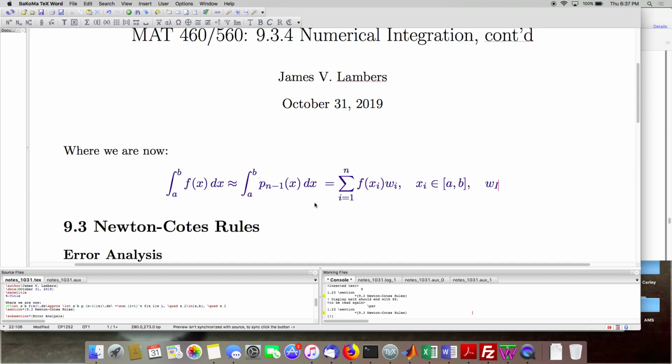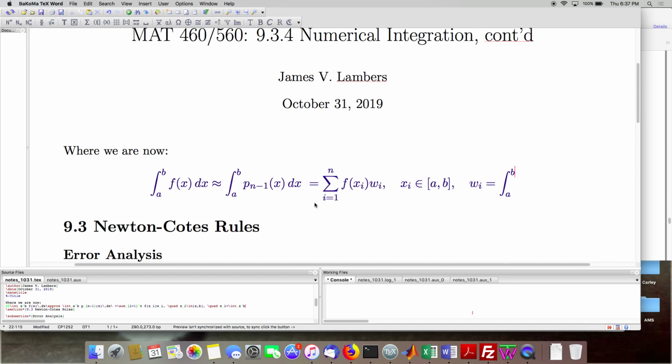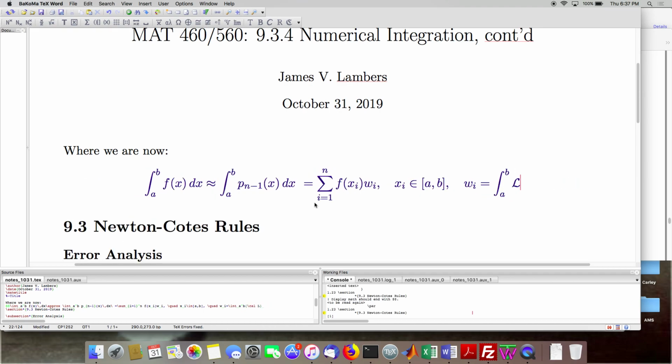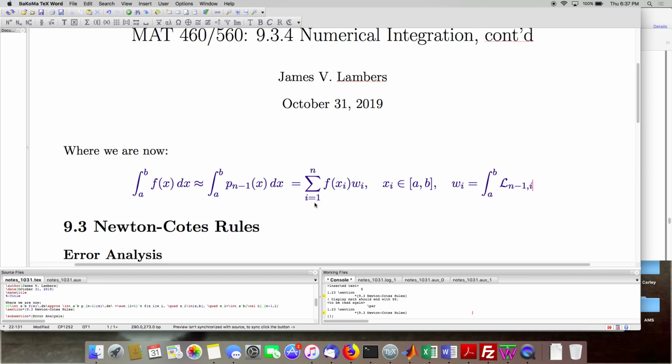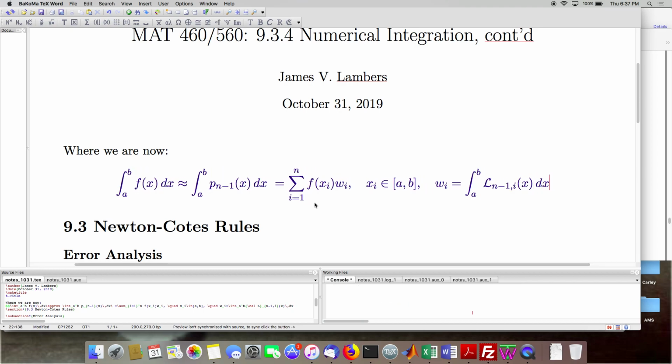And then the weights are the integrals of the Lagrange polynomials on [a, b]. Although what we're going to be doing generally is not actually computing the weights in this way explicitly. I'll be giving some cases where the nodes are chosen, then I'll be able to tell you specific numbers or formulas for what the weights are. So that's already been worked out.